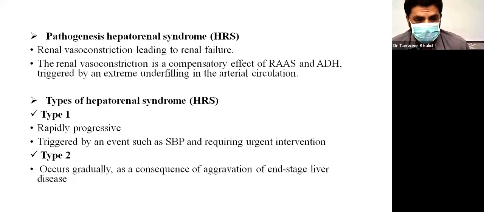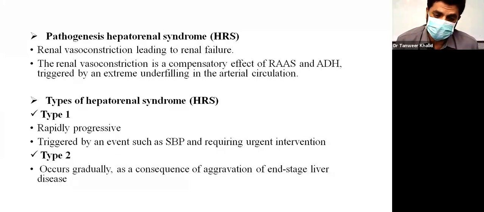There are two types of hepatorenal syndrome. Type 1 is rapidly progressive and is triggered by an event such as LVP, requiring urgent intervention. This needs aggressive management. Type 2 occurs gradually, slowly, as a consequence of aggravation of the end-stage disease. As the disease progresses, renal injury progresses with the liver disease.